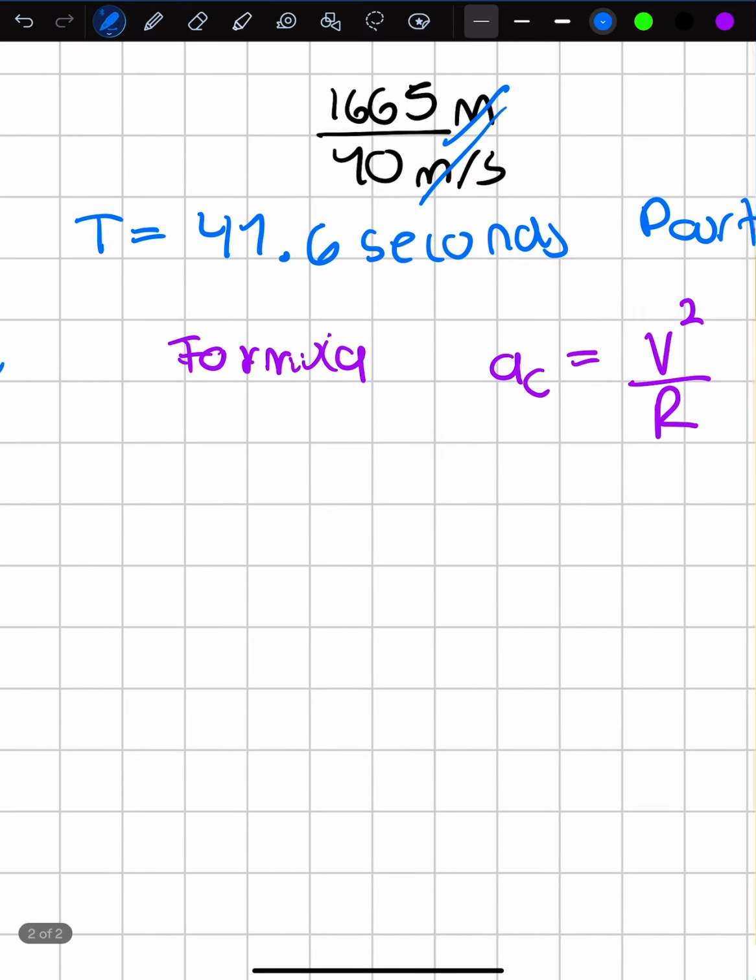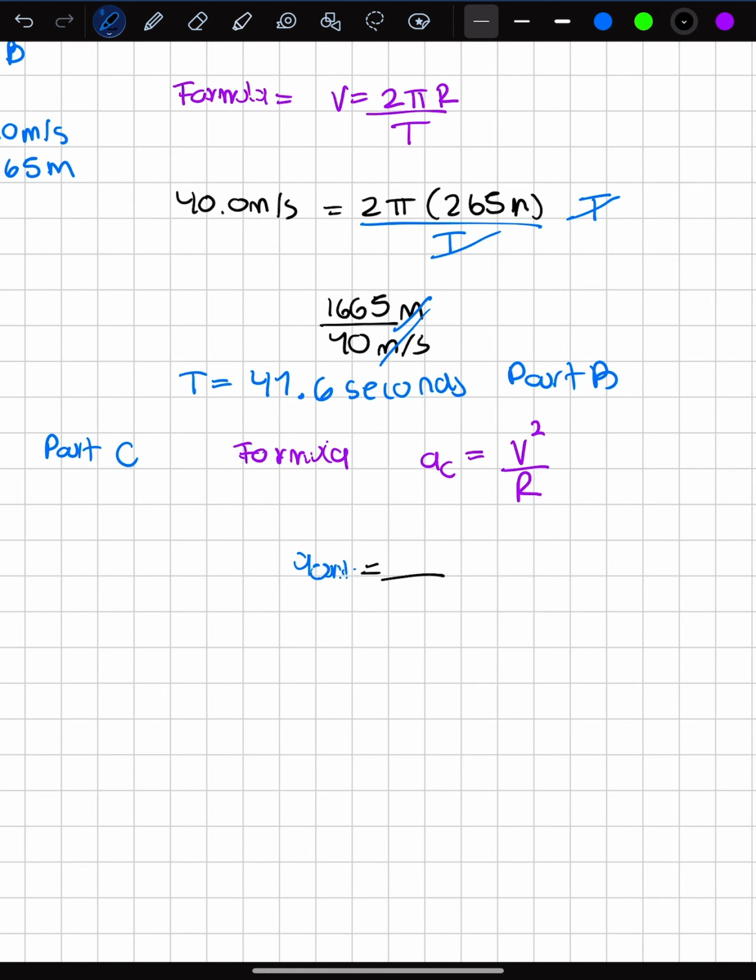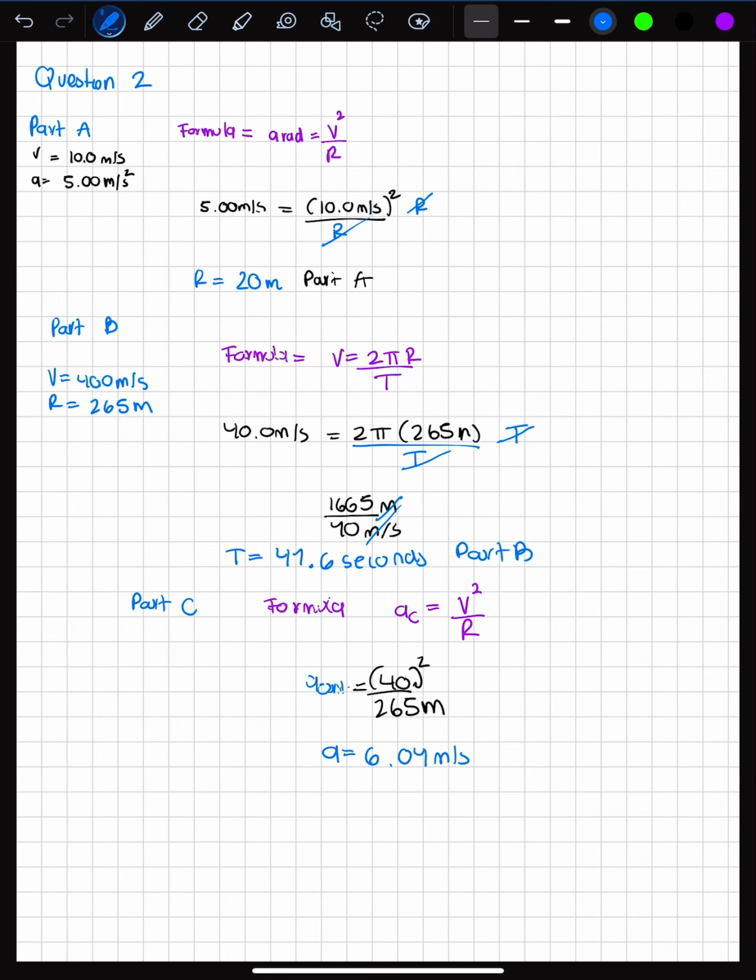So let's plug those numbers in: velocity is 40, squared, and our radius is 265 meters. When we put that in our calculator, our final answer is gonna be 6.4 meters per second squared. That's part C.